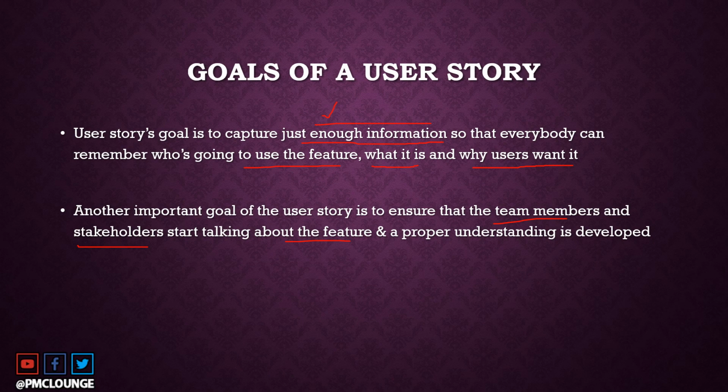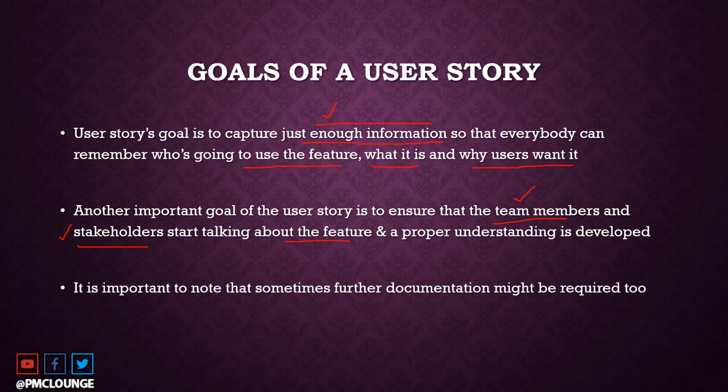Instead of jotting it down in a 200 page long requirement specification document that nobody is going to read, what we basically do is document just enough information and get the Scrum team members and stakeholders to talk about specific features, specific requirements, specific user stories, and that's how a proper understanding is developed.